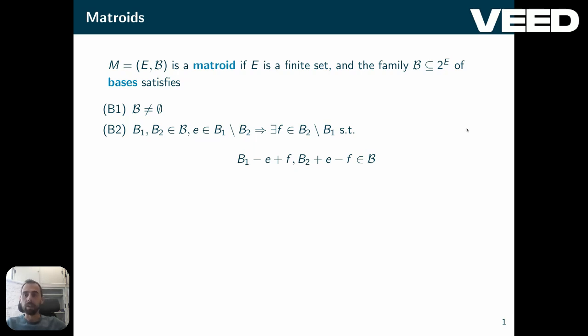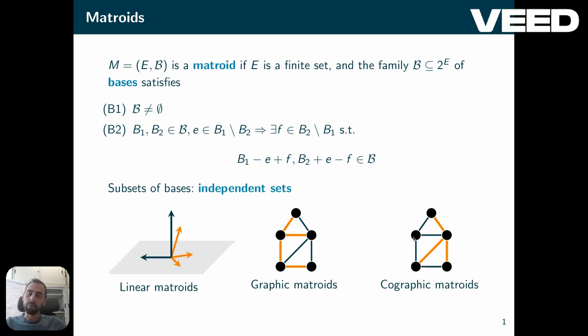Then, by an independent set, we mean a subset of a basis of M, and you could also define matroids using the independent sets, but now we stick to the basis axioms. Basic examples for matroids include linear matroids, whose ground set is a set of vectors over some field, and bases are exactly the subsets of vectors that form bases in the linear algebraic sense.